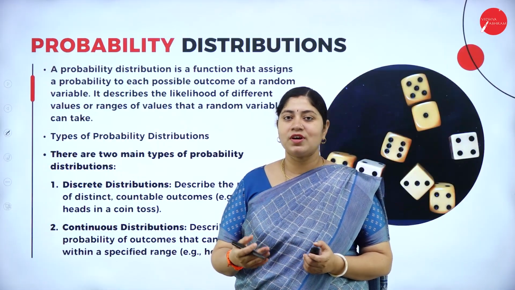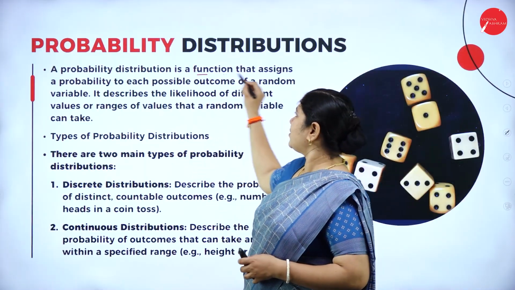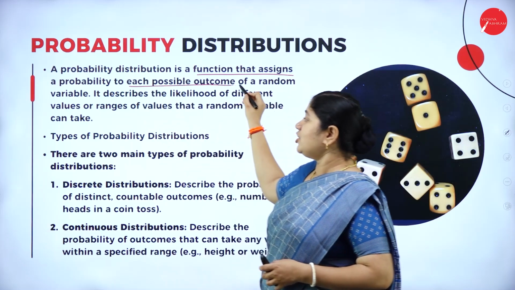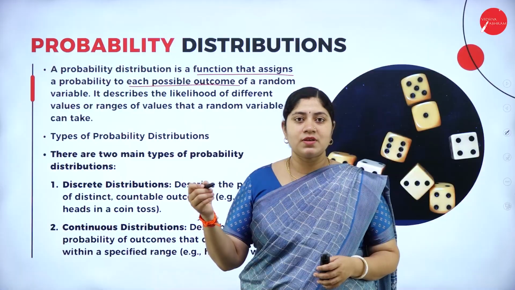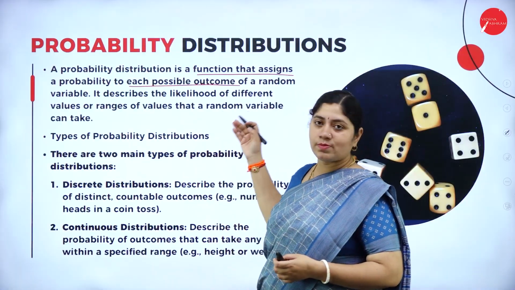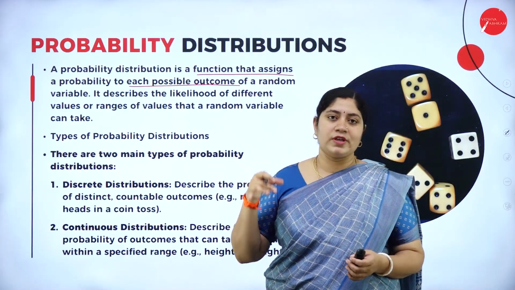So let's move forward and understand what probability distribution is. A probability distribution is a function that assigns probability to each possible outcome of a random variable. There might be some variables which miss probability, but by using the probability distribution we distribute probability to each and every variable.